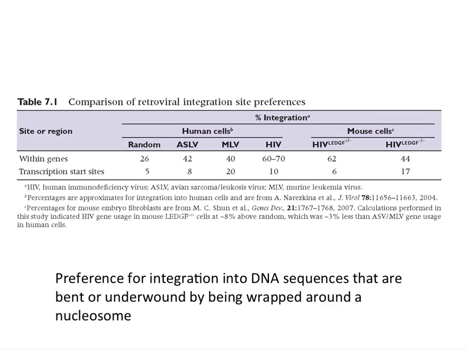It also has a preference for within genes, and HIV as well. So there is a preference, in certain retroviruses, for sequences that are being unwound by being wrapped around a nucleosome, as well as in some cases transcription start sites. But there is no specific sequence that you could say this is a retrovirus integration site. It can go pretty much anywhere within these constraints.